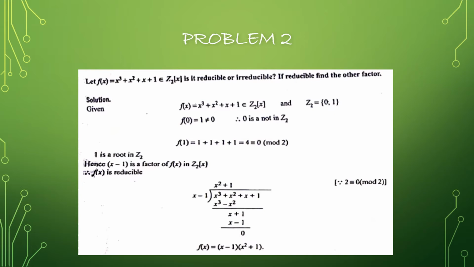If I substitute 1, my answer is 1 plus 1 plus 1 plus 1, so my answer is 4. Is 4 divisible by 2? Yes, it is. If I divide 4 by 2, my remainder is 0, so I'll write 4 is congruent to 0 mod 2. Therefore I can declare that 1 is a root, or I can also say x minus 1 is a factor. Is that clear?